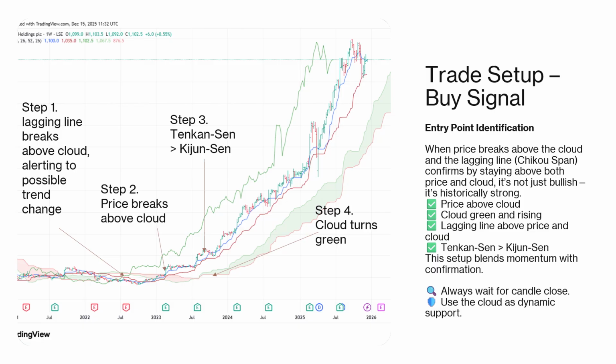Step 3 happens when the conversion line breaks above the baseline, and step 4 happens when the cloud turns green. We would recommend that you always wait for the candle close and use the cloud as a dynamic support. But I found this to be a really effective trade setup to watch for.